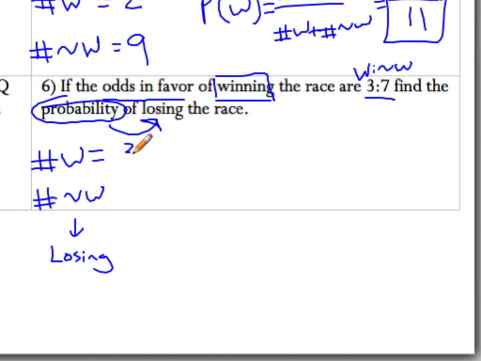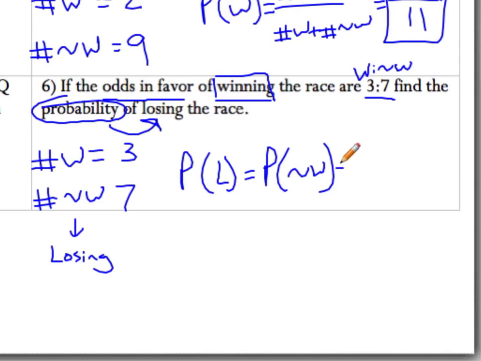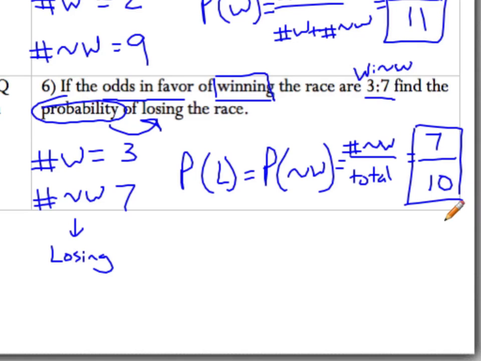So the number of winning is 3, the number of not winning is 7. Now what we're looking for is the probability of losing the race, and we can think of that as the probability of not winning. So we want the number of not winning over our total. In this case, 7 don't win out of a total of 3 plus 7, or 10. So the probability of losing is 7 in 10.